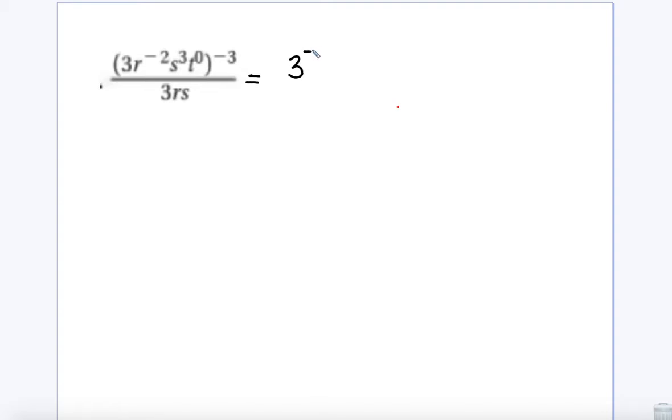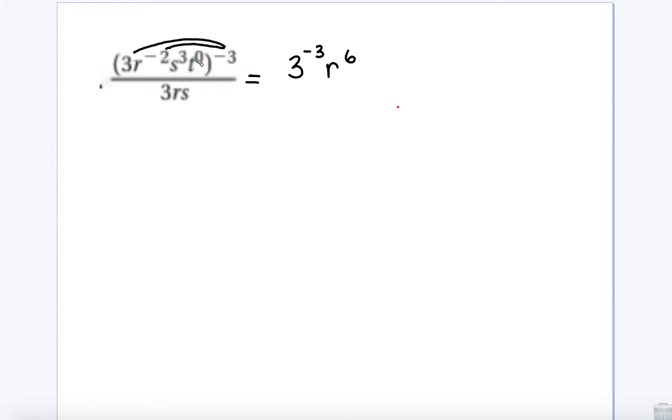So this would be 3 to the negative 3. Then r is already raised to the negative 2. But when I shower this power across, when I do r to the negative 2 raised to the negative 3, that's r to the negative 2 times negative 3, which is going to be a positive 6.